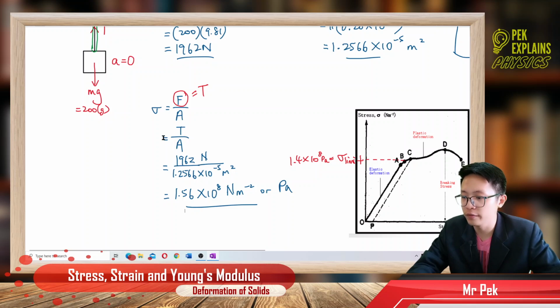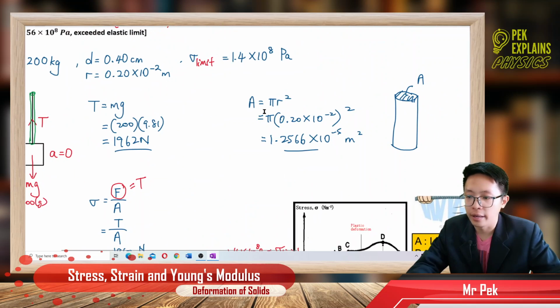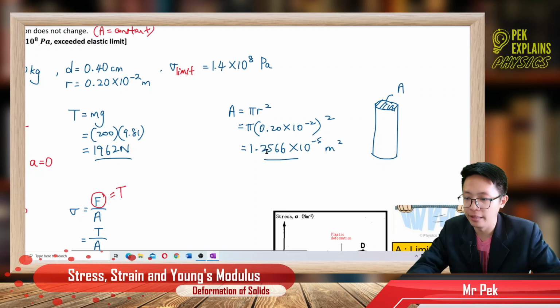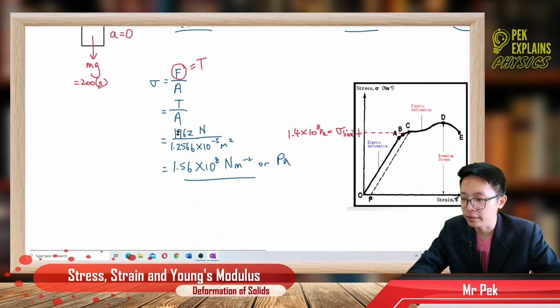Tension divided by the cross-section area, pi r square, you get 1.56 exponent 8 Newton per meter square, or Pascal. This is the stress in the rod now.